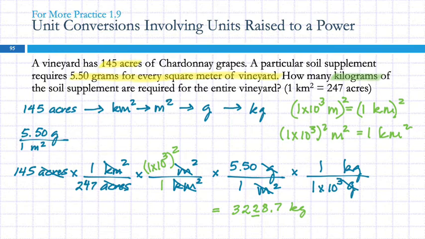Do I need to be careful when I round this? I'm rounding in the tens place. I need to be careful that I don't change the number. It's 3,000. I don't want to end up with 300. My grapes wouldn't do very well. So it's best to put this in scientific notation.